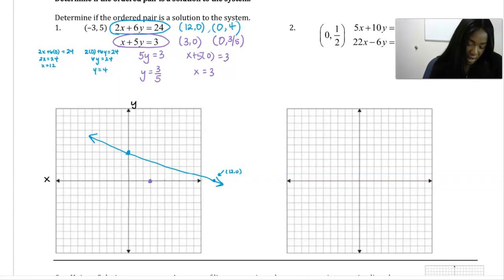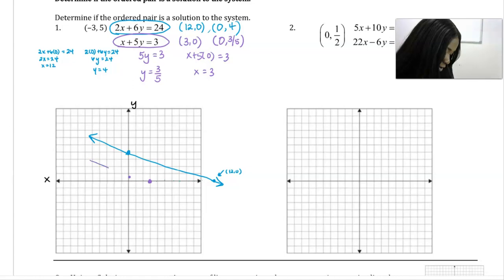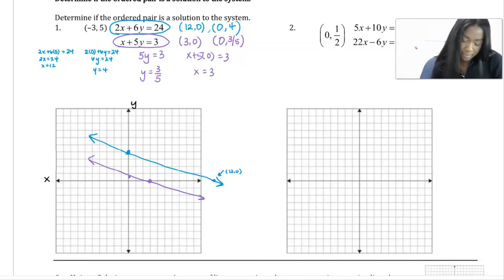And then we have a y-intercept at 3/5. 3/5 is a little bit bigger than a half. That's just about right there. So this purple line looks something like that. Okay. Those lines may look parallel, but they are in fact not parallel.